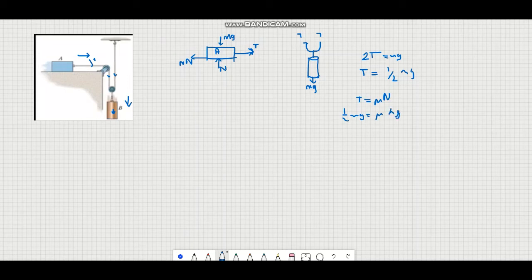The mg's cancel, so nu, the friction coefficient, is 0.5. We found that the coefficient of this surface is 0.5, and it is a coefficient, so there is no unit. That's it.